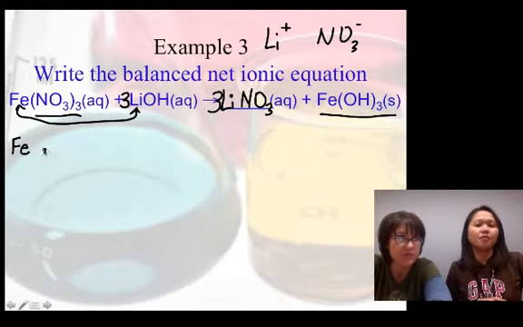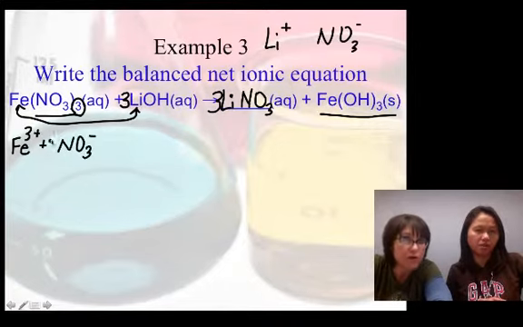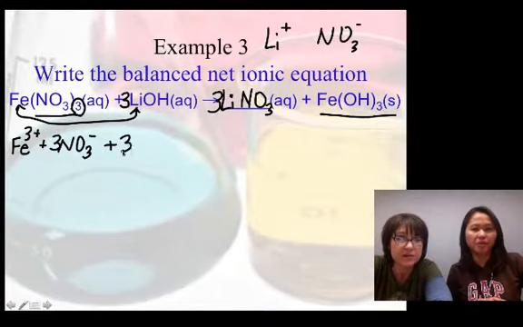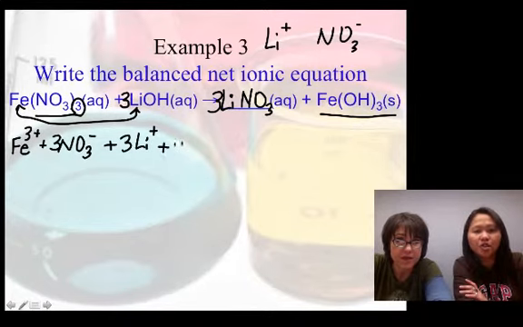Now we'll break apart anything that's aqueous. This looks like the ferric ion, Fe 3+, not ferrous, because there's 3 nitrates with it. Undoing the NO3, crisscross. 3 lithiums, Li plus, and 3 OH, because the 3 means everything in here.